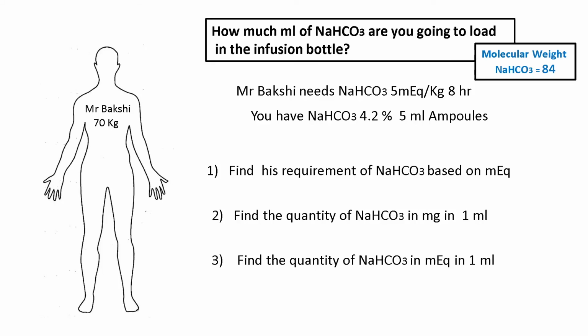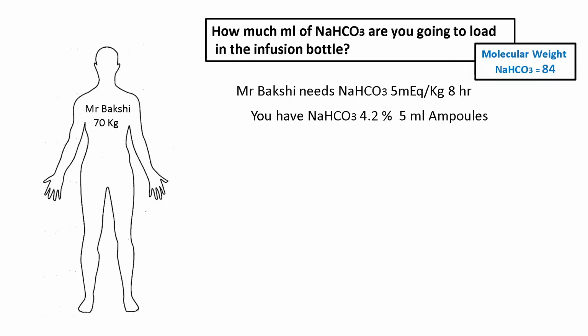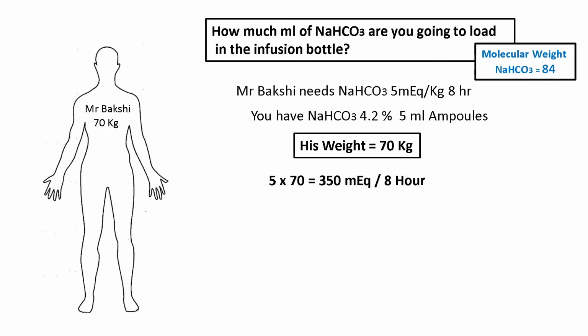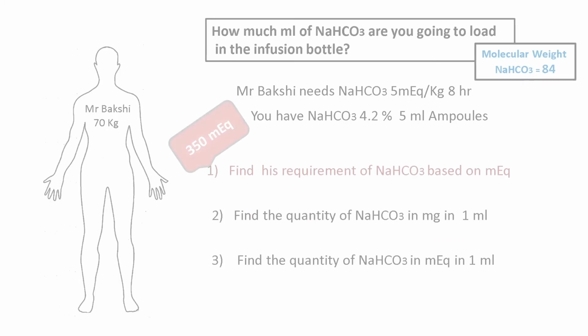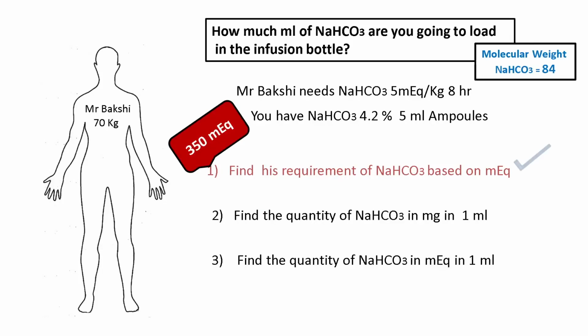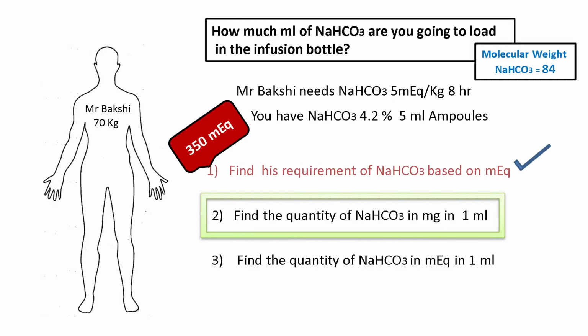Now let's do these 3 steps. His weight is 70 kilograms. He will be requiring 5 milliequivalent per kg. So we multiply 5 with 70, his weight, which comes out to be 350 milliequivalent per 8 hours.